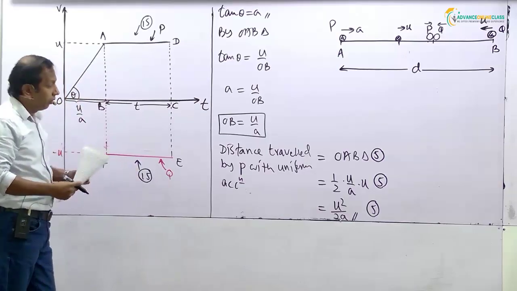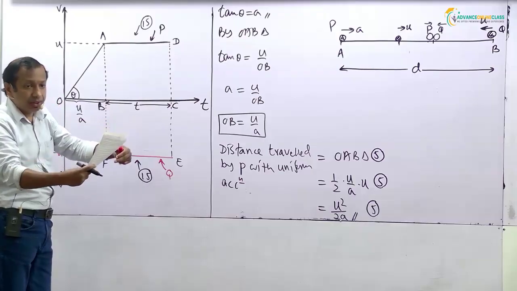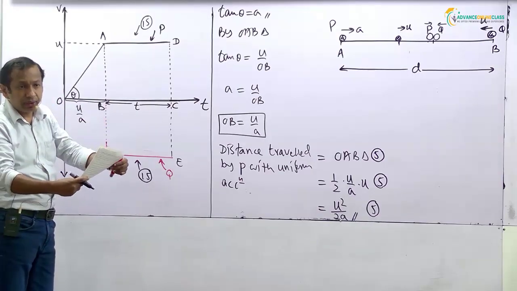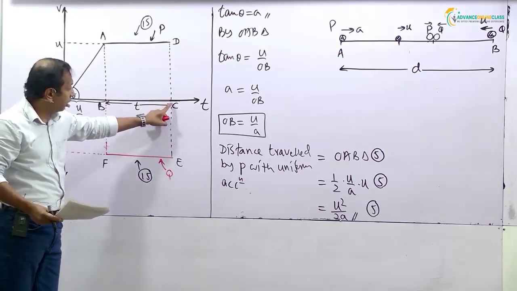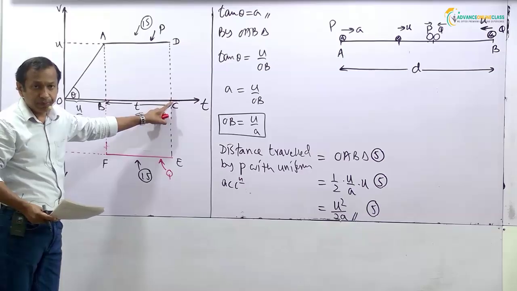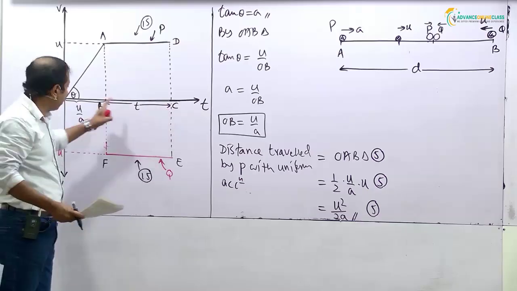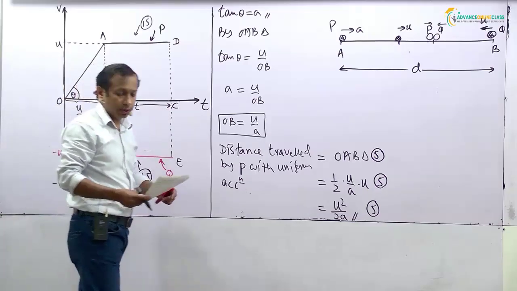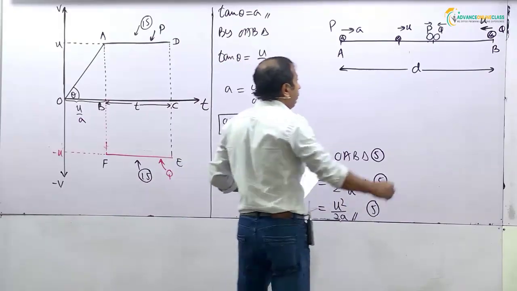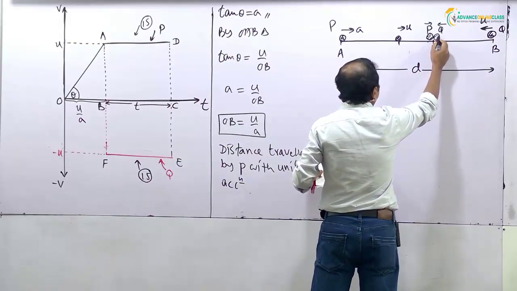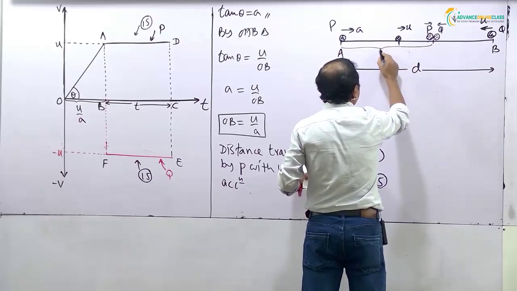What is this time? Actually, once the particles P and Q meet each other, up to that moment only, we have drawn the VT graph. So therefore, this is the time the two particles meet each other. Once they meet here, the distance P traveled is this.